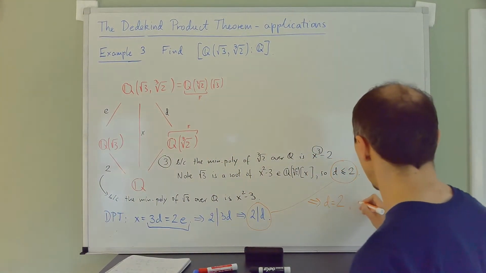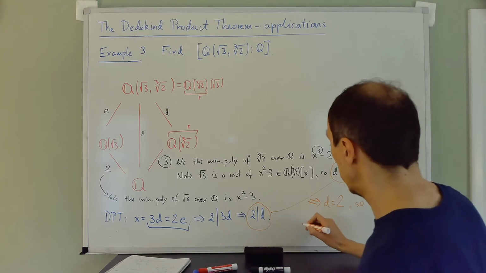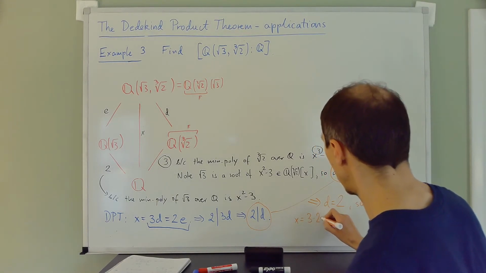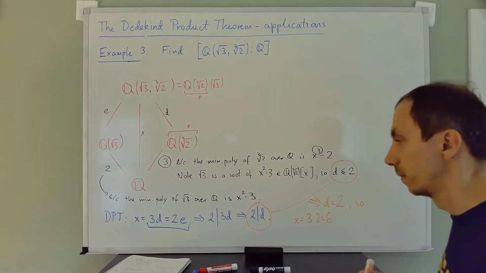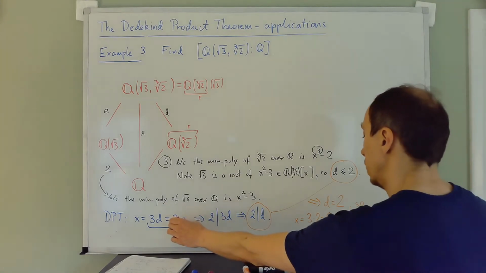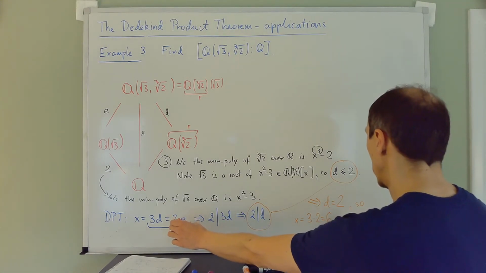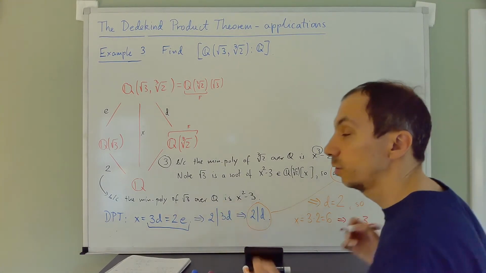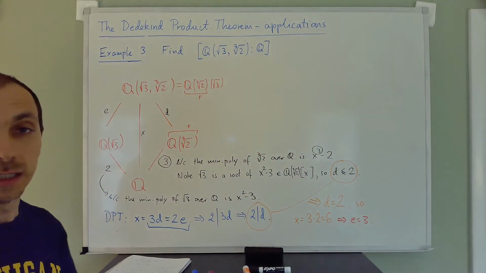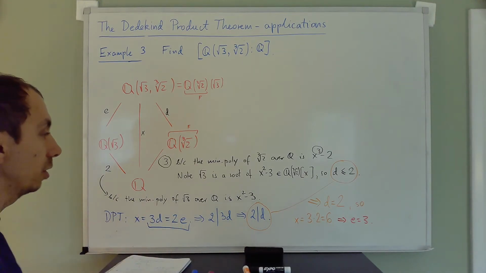So I get that x is 3 times 2, so 6. Note also that as a side effect, I know that e must be 3. That was not part of the question, but I get it, again, from this equation.